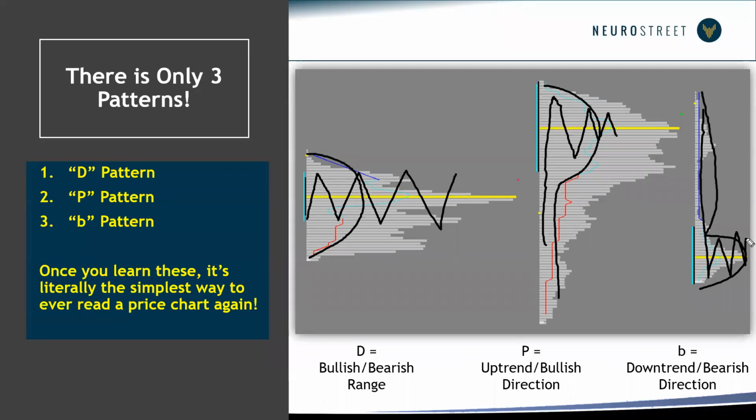And the reason it always has an oscillating section to the pattern is because 80% of the time, the markets want to be in this. And the reason for that is because that's a value area high and that's a value area low, and this is viewed as expensive and this is viewed as cheap.